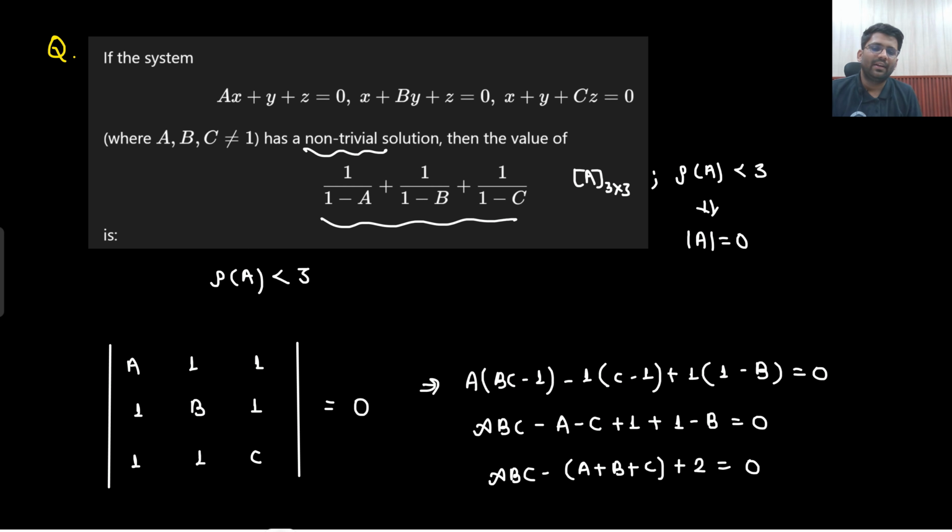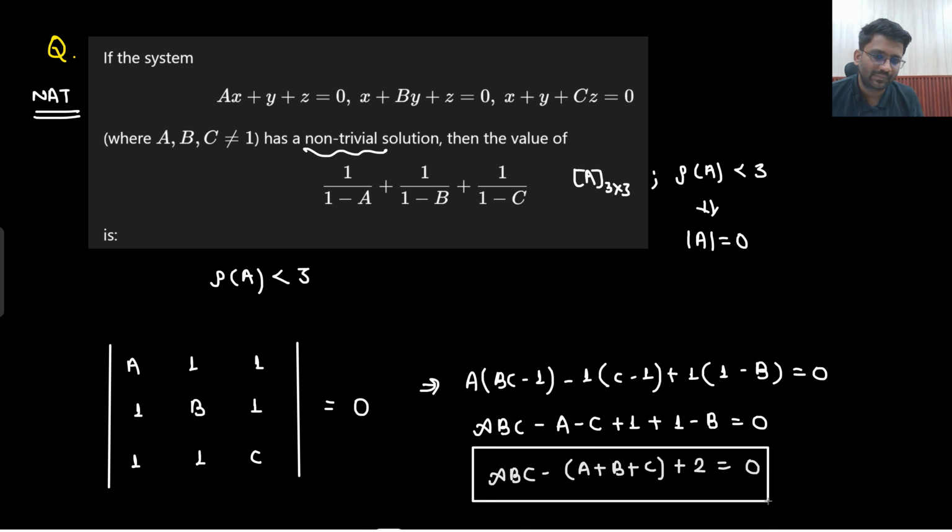Now let's say this question is coming in NAT. If it is coming in NAT, you need to find the value of 1 upon 1 minus a plus 1 upon 1 minus b plus 1 upon 1 minus c, and this is the condition you have got now. You know that the answer will be some numerical value.